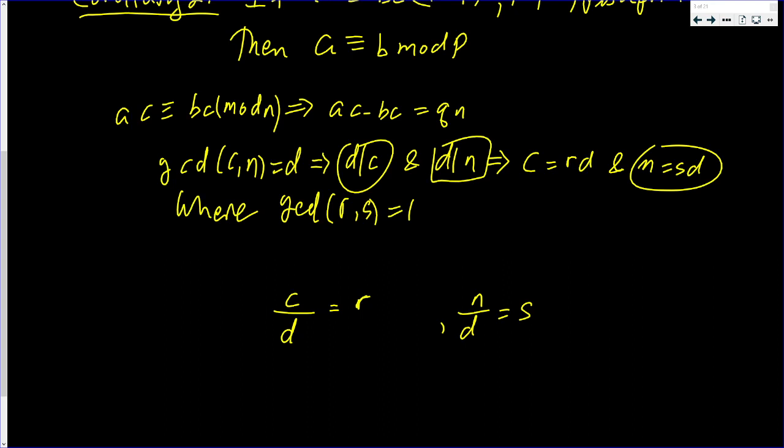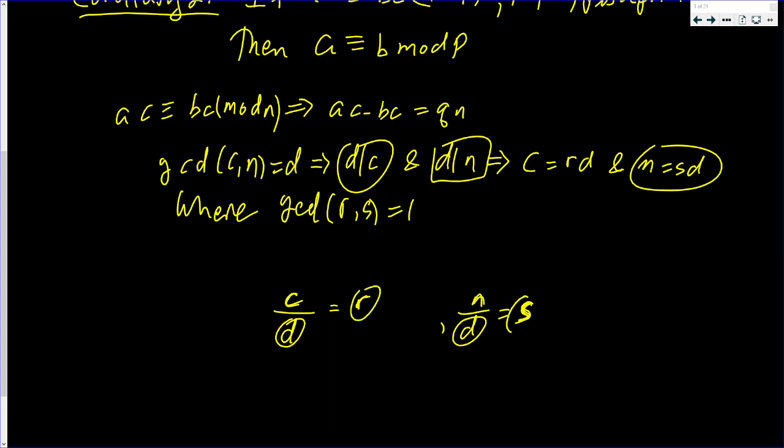Now, if these numbers had anything in common, maybe they both had 4 in common, well then this wouldn't be the right value for D. D is the largest common factor for both of these.